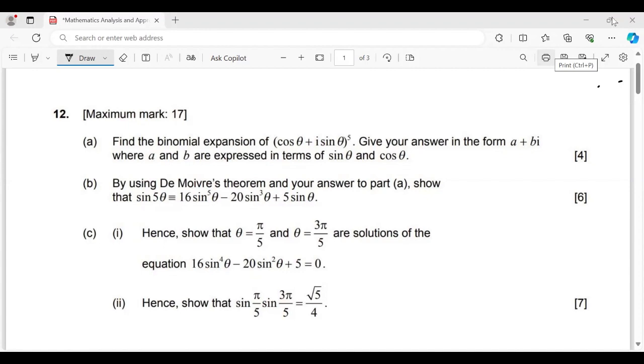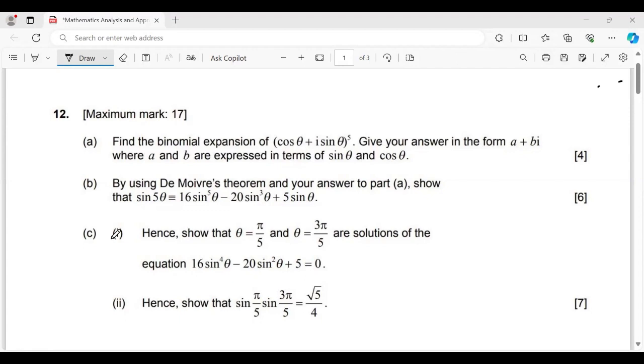Number 12, find the binomial expansions of (cosine theta plus i sine theta) power 5. Give your answer in the form a plus bi, where a and b are expressed in terms of sine theta and cosine theta.